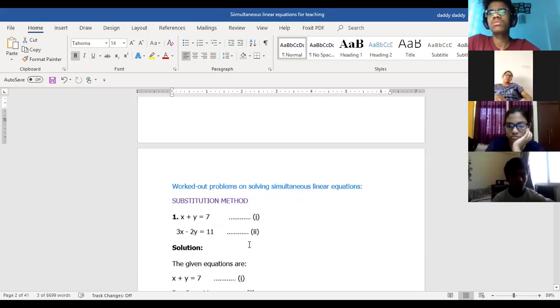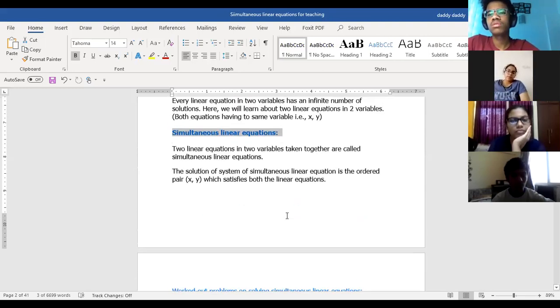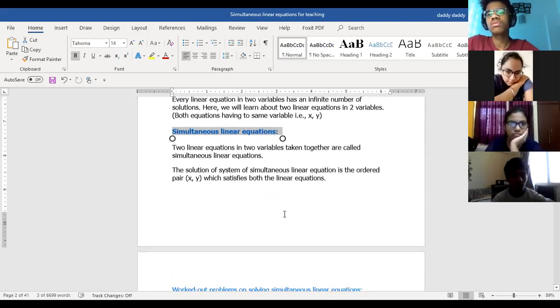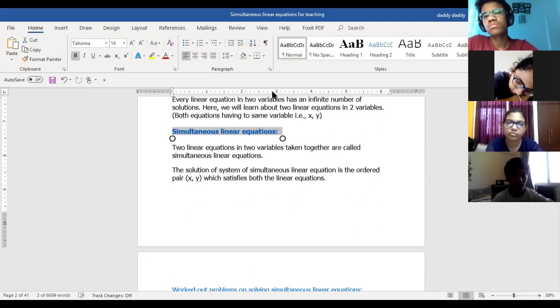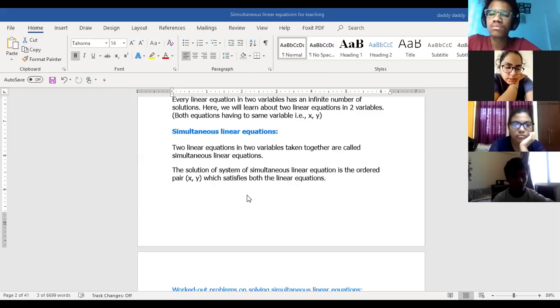Okay. So that means when we take up the questions, every question will have two equations, and together we are going to solve them. So the first method by which we can solve simultaneous linear equations is the substitution method. And what is the meaning of substitution?